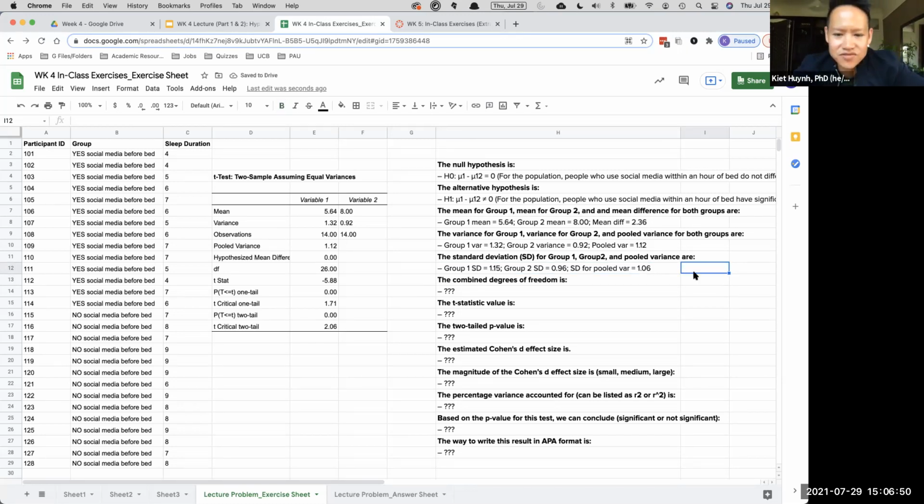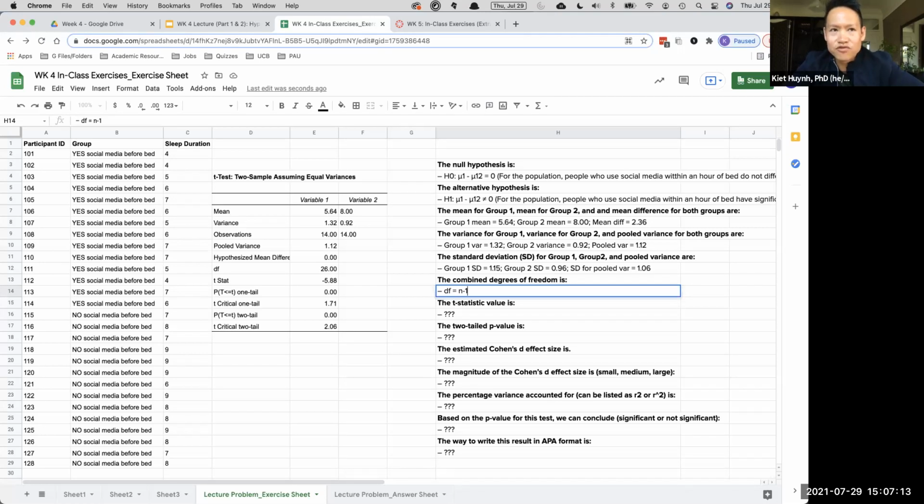The combined degrees of freedom is 26. Combined degrees of freedom is basically the adjusted sample size for running this test. So remember this, the degrees of freedom, df equals n minus 1 for both groups.